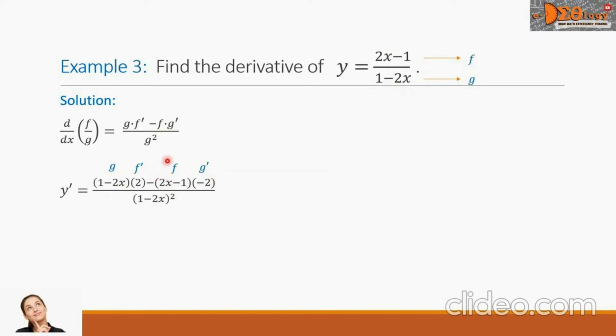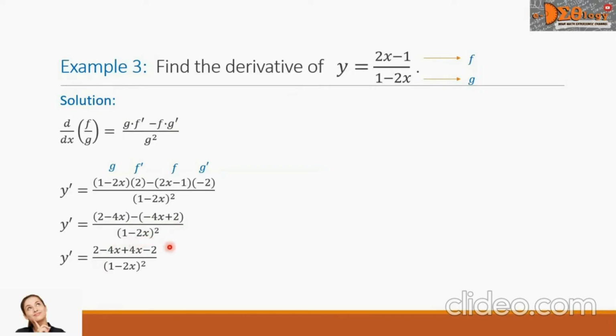Simplifying the corresponding products of the numerator, we have now 2 minus 4x minus negative 4x plus 2. Removing the grouping symbol of the numerator, we have now 2 minus 4x plus 4x minus 2.